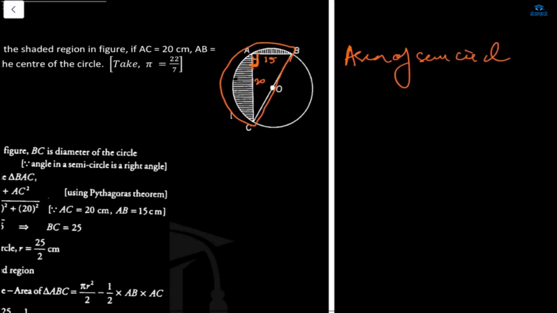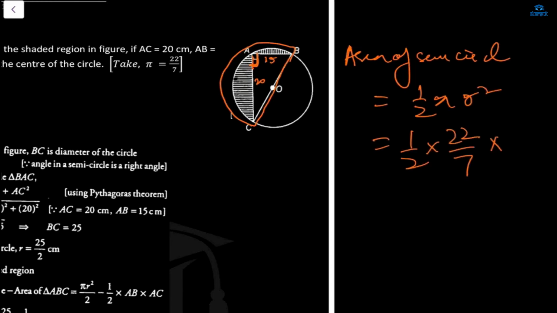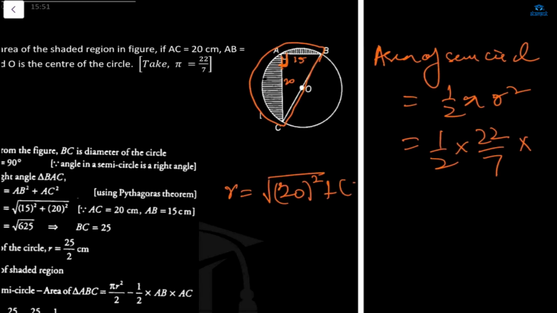What is the area of the semicircle here? 1 by 2 pi r square, which is equal to 1 by 2, 22 by 7 r square. First you need to find the r. How can you find the r? It will follow the Pythagoras theorem. So r will be equal to root of 20 square plus 15 square.